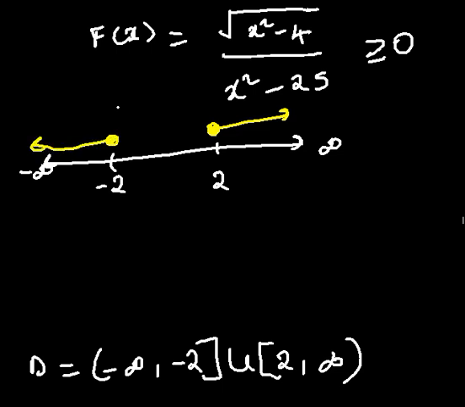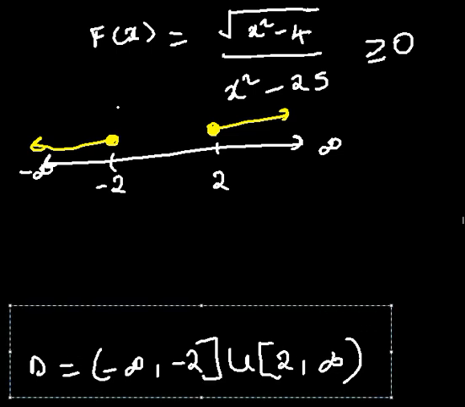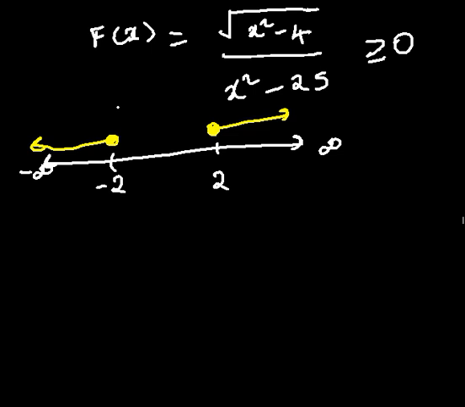So let's keep that, and let's go on to the denominator. I should say the domain of the denominator should be that. So how do you think we should have that?